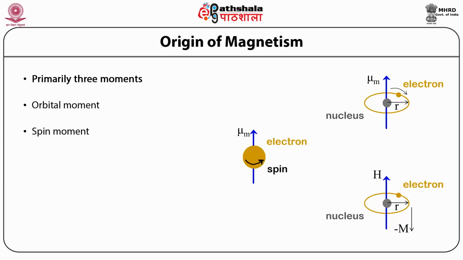Secondly, we have a spin moment, which is also shown in the figure, where an electron is spinning around its axis, having the spin moment represented by mu m. Third is the change in the orbital moment by the changing magnetic field, which is clearly depicted in the figure.